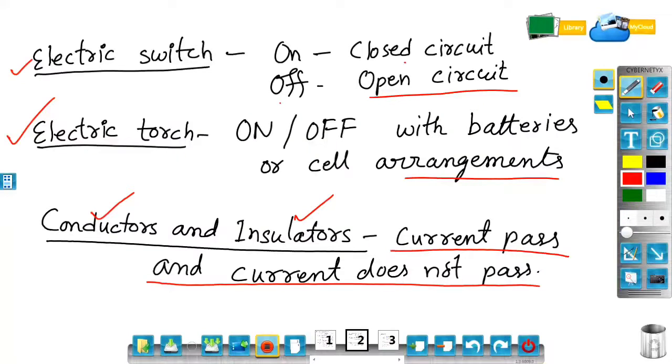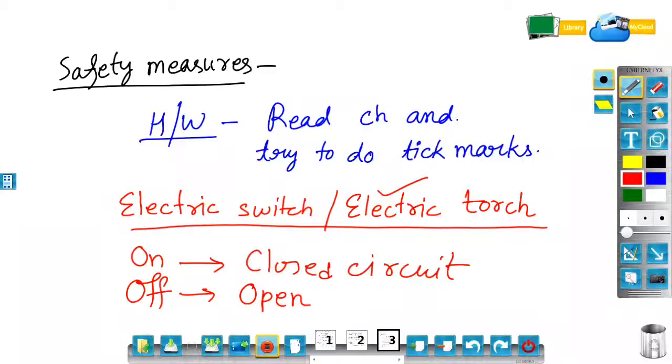Now, last but not the least, safety measures for handling electrical gadgets. We should follow some safety rules to prevent ourselves from getting an electric shock. Otherwise, we will get harmed.